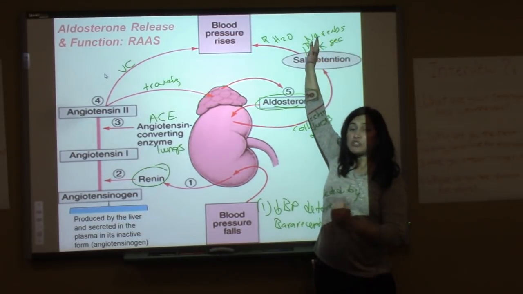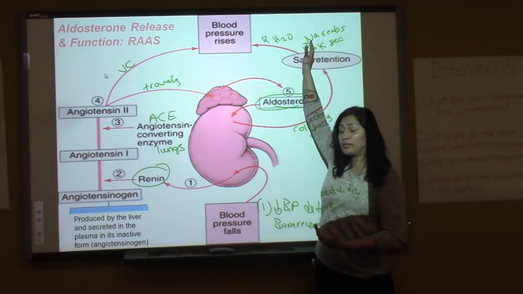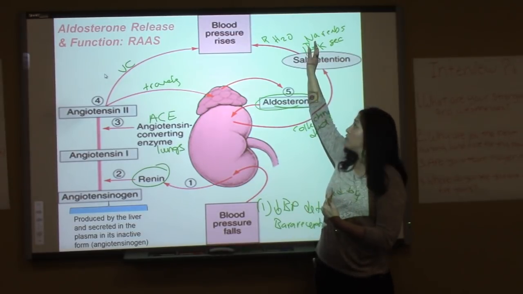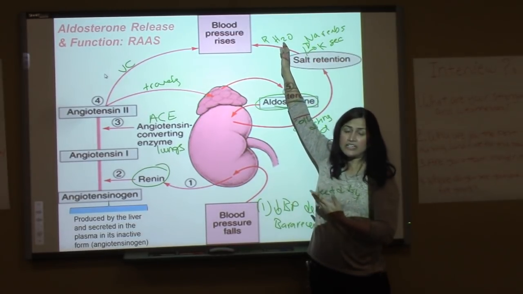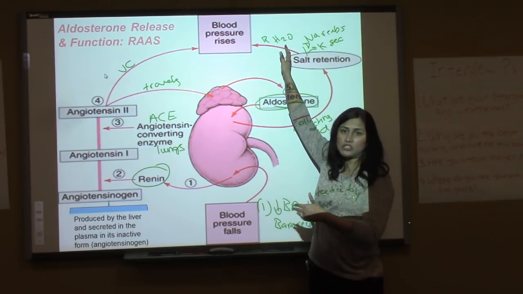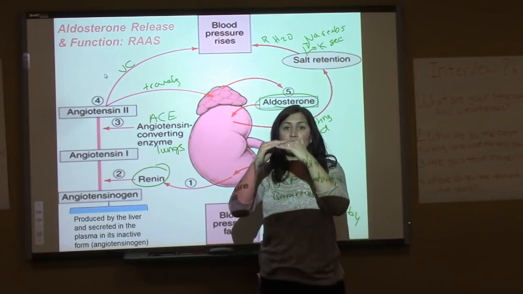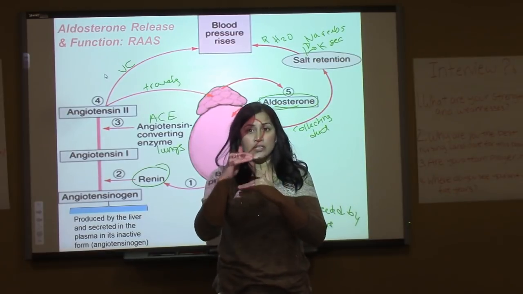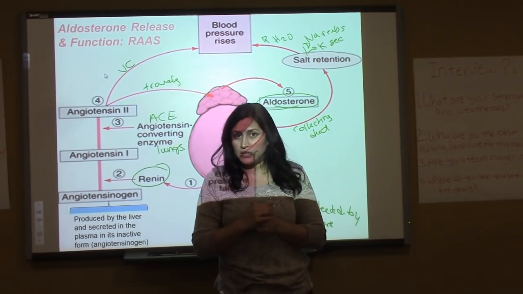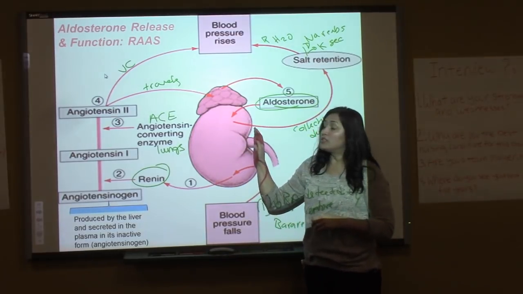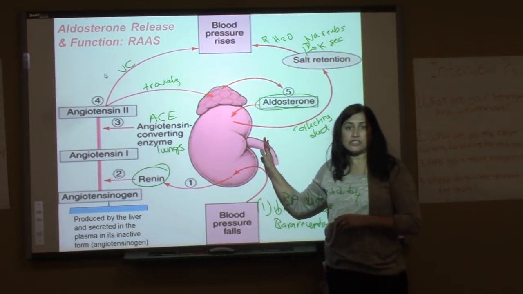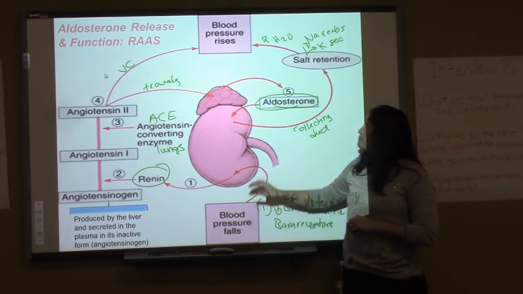And because you have just reabsorbed sodium, the golden rule is wherever sodium goes, water follows. So your water content has increased, and all of that is dumped into the bloodstream. Therefore, your blood pressure rises. As soon as your blood pressure is in the normal range, the system is finished. So this is the renin, angiotensin, aldosterone system, or the RAS system.